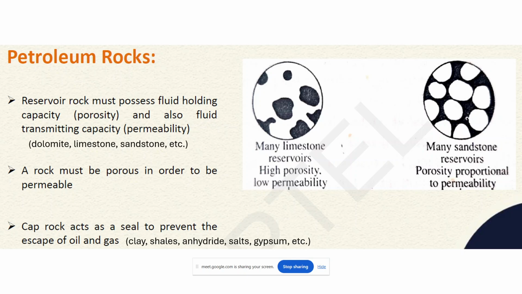This crude oil gets stored in different rocks deep down beneath the oceans.